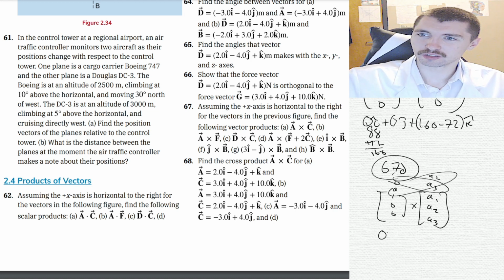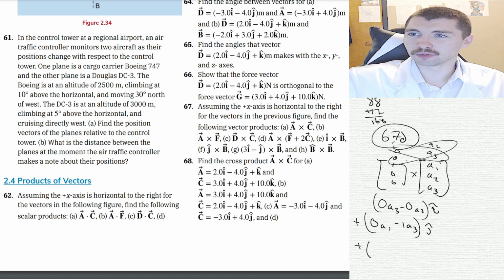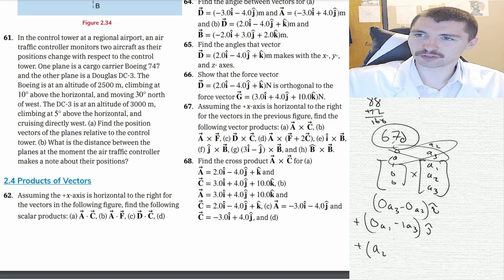It'll be 0A3 minus 0A2 I, plus 0A1 minus 1A3, then plus A2 minus 0A1.